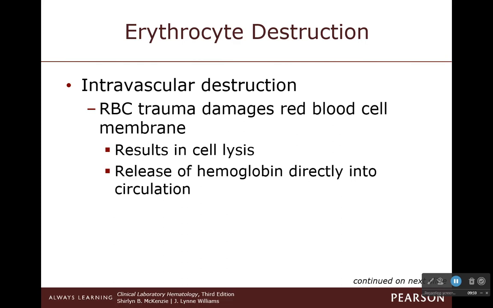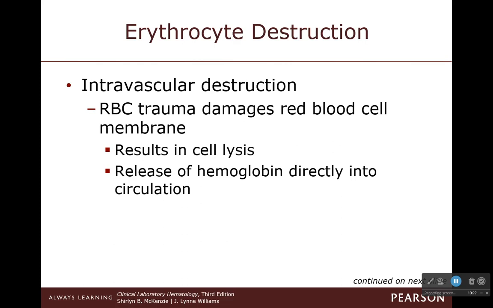okay? All right. One of the biggest things that we worry about in the lab is transfusion reactions. Okay, so like I gave you the wrong blood type, or I gave you blood and your patient had an antibody to the blood. Okay, and so their body is starting to bust or lyse those red blood cells.